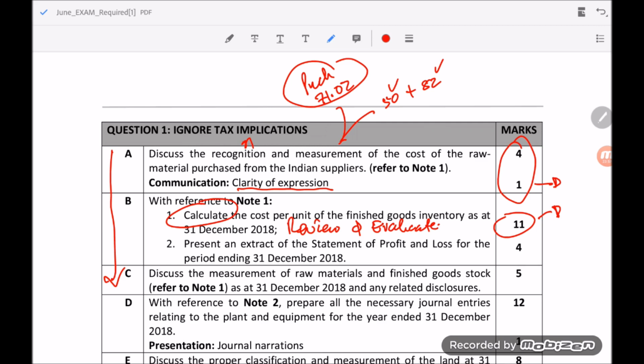So a lot of people failed even to calculate the costs on their own, which is quite disappointing. So I think this is one area that I was not quite happy with in terms of the outcome. But for those who did attempt this question diligently, they did quite well. Now, my greatest disappointment as well was when we look at the extract from the profit and loss statement.